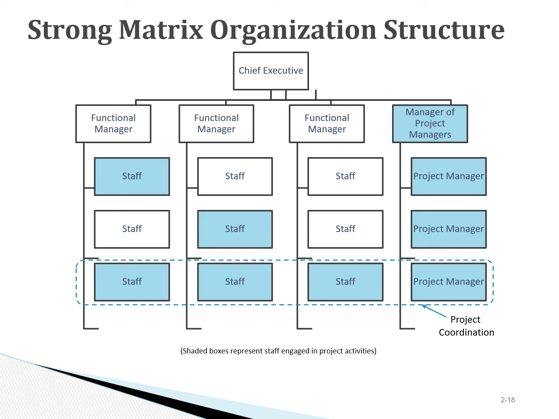The reporting in this situation, of course, you see that the staff assigned to a project have a direct line of reporting to their functional manager, but also they have a dotted line reporting to the project manager. So this is definitely better than the first type of organization we saw, which was purely functional. This is something that is actually relatively common.